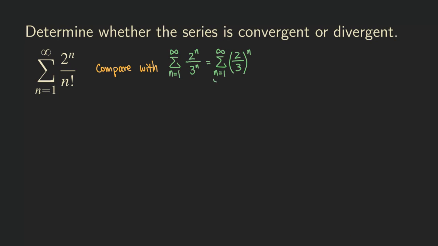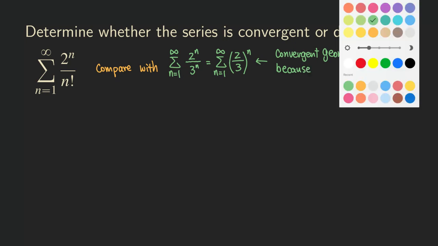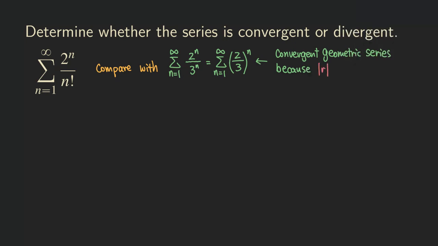And so for this one, we know that this is a convergent geometric series, because the absolute value of the common ratio is the absolute value of 2 over 3, and that's really just 2 over 3, and that's less than 1. So we say that this geometric series is convergent.